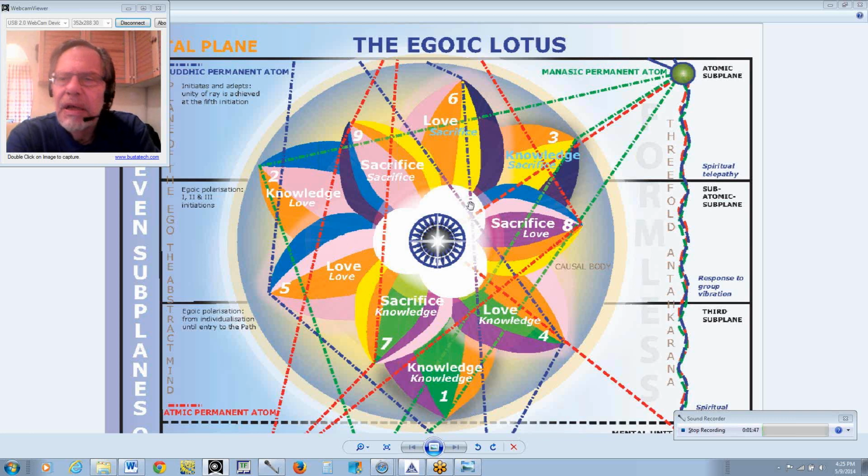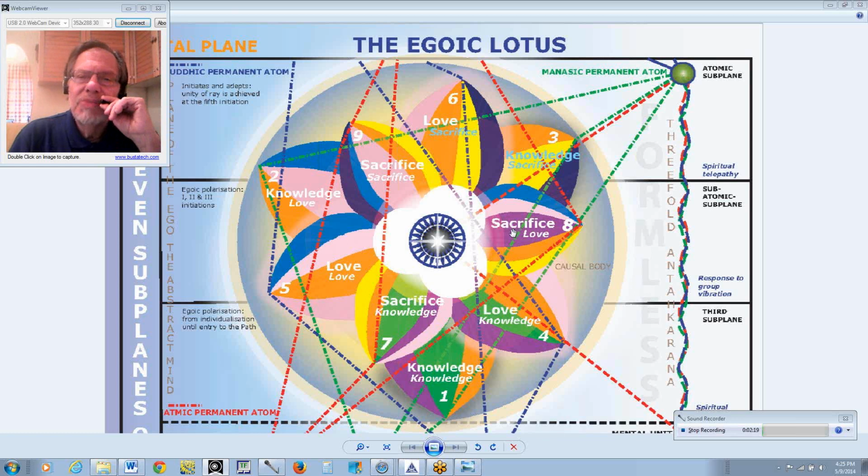This is simply a representation which is useful in helping us understand all the many energies that are combined within it. And I refer to the circles of petals, the 1, 2, and 3, which are the knowledge circle, or tier, T-I-E-R, 4, 5, and 6, which is the love tier or circle of petals, and 7, 8, and 9 apparently going in the other direction, at least from the way this lotus is drawn.